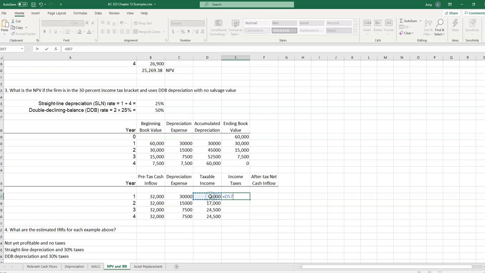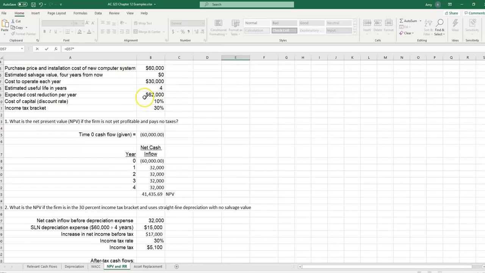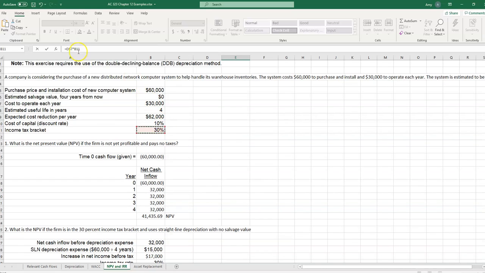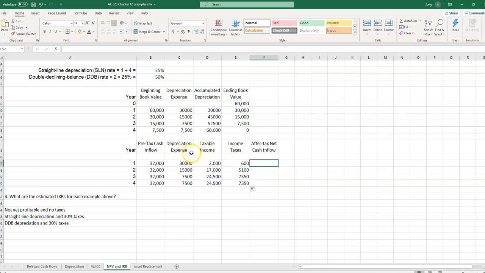Then we take our taxable income times our 30% rate to get our income tax for the year. And we have our pre-tax minus our tax expense, and that gives us our after-tax net cash inflows.